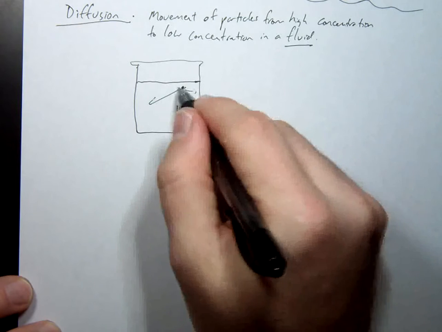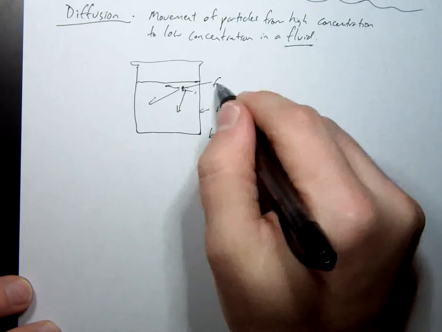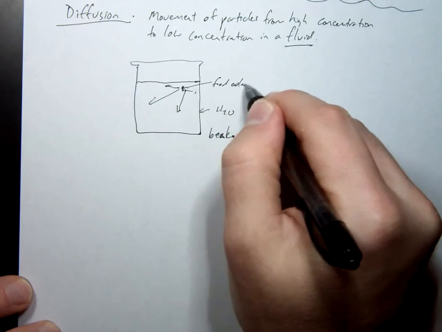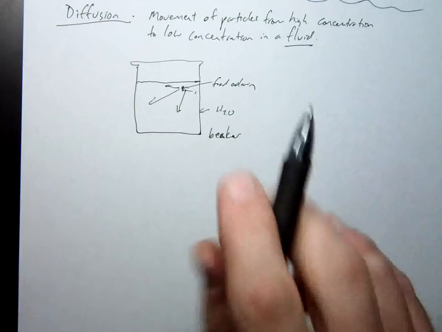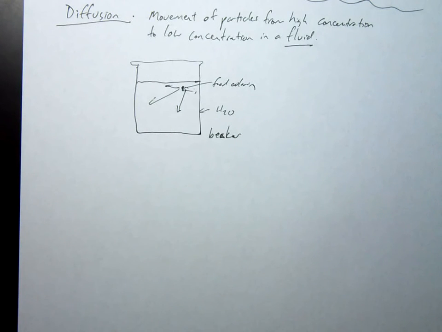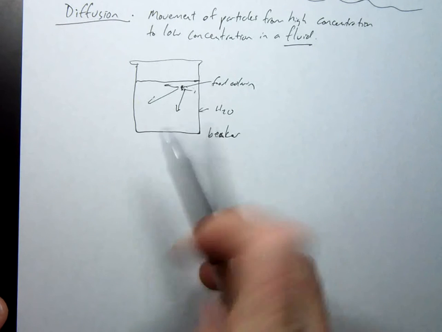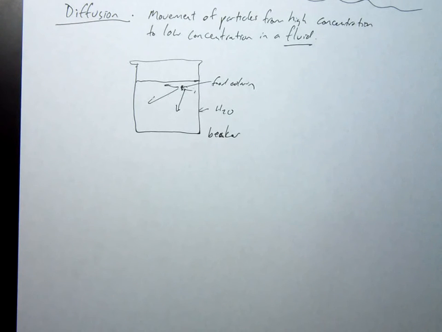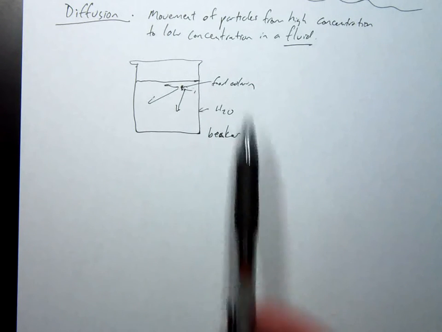It would fill the container. And it would continue doing that until it filled the entire container equally. Movement of particles from high concentration to low concentration in a fluid. Food coloring. Yeah, that doesn't look like it, but it is.